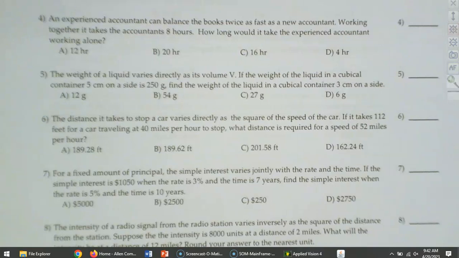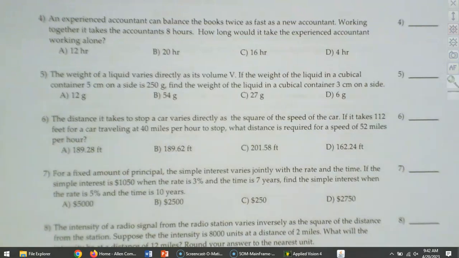Okay, so what we're going to have to do is set up this formula. We set it up, we find our K, then we plug in the new values and calculate a new answer. So let's think about what we need. This is a joint variation question. It doesn't say anything about inverse, so that means these are going to multiply together.